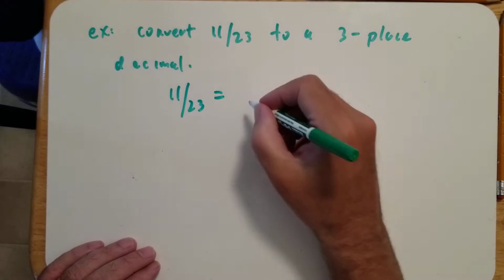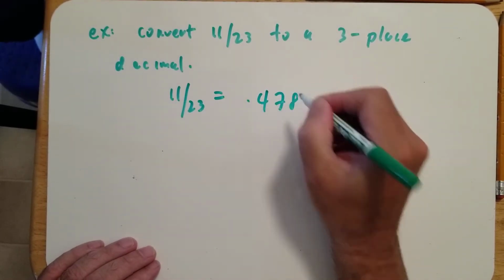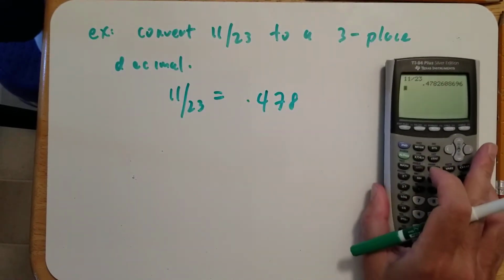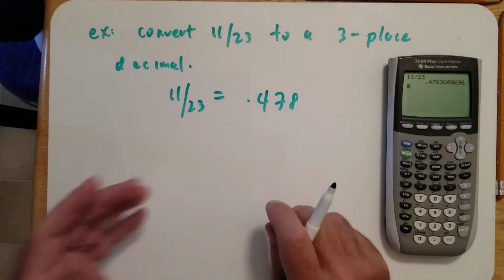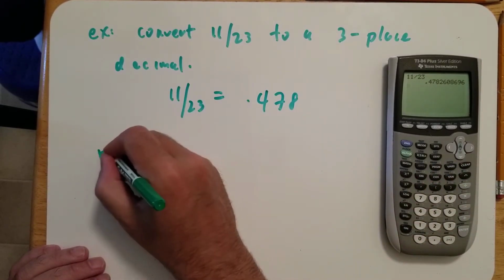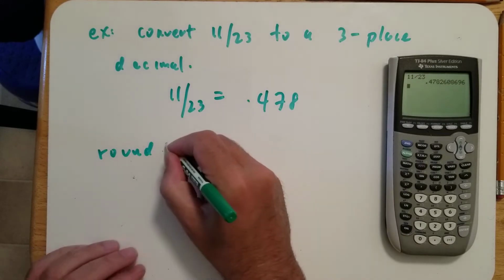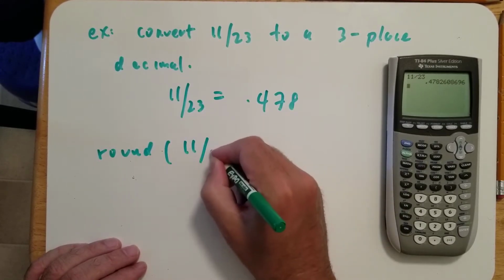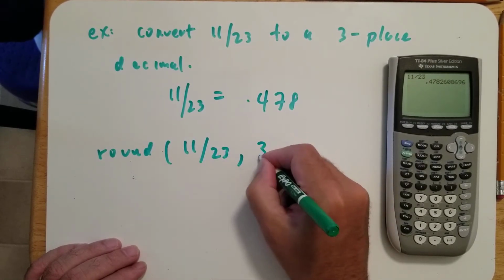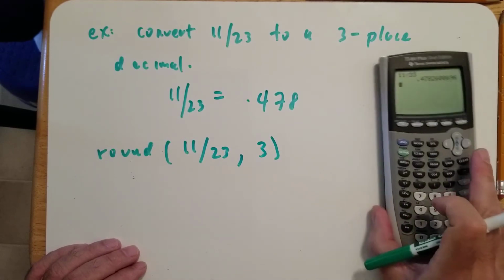Equals 0.478. Now sometimes the rounding can be a little bit tricky, so I can have the calculator do the rounding for me by entering this: round 11/23, 3. Now let me show you how to get there on the calculator.